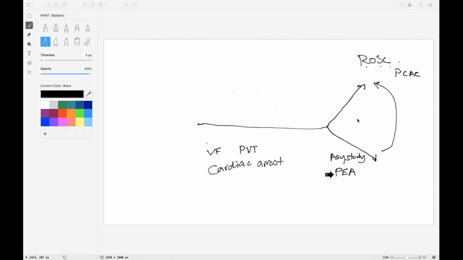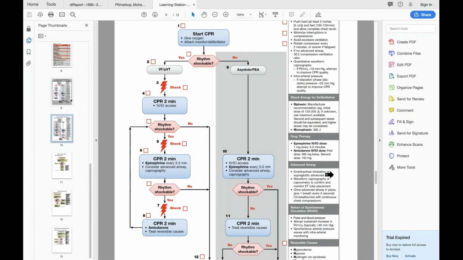This is where they stand. Over here, this is what we want to know: is the rhythm shockable or not shockable? These rhythms are shockable. They require shock immediately.